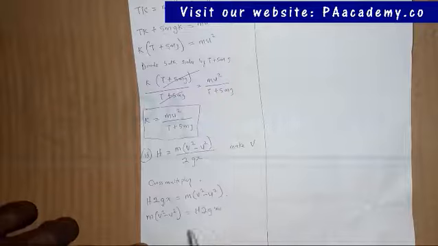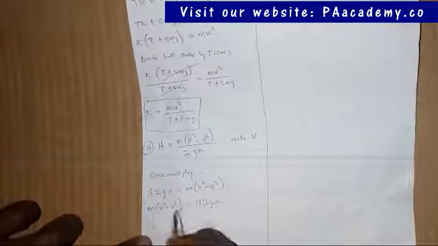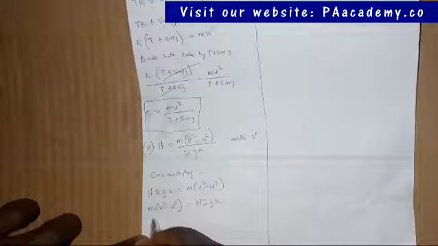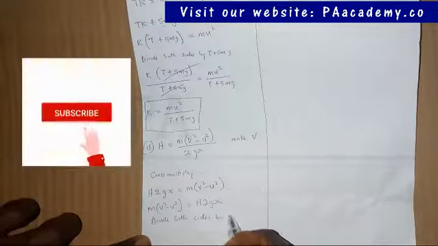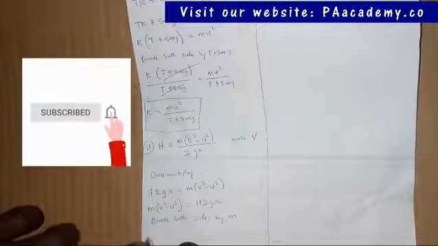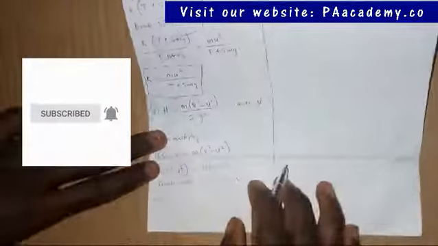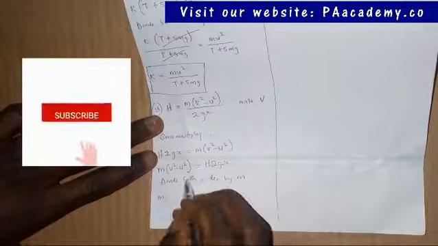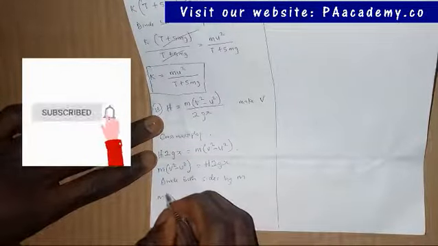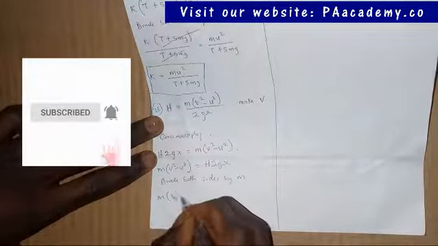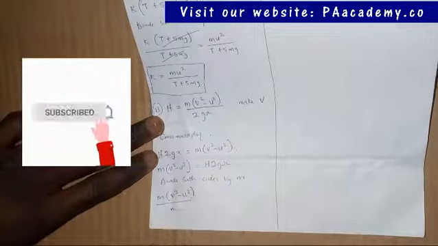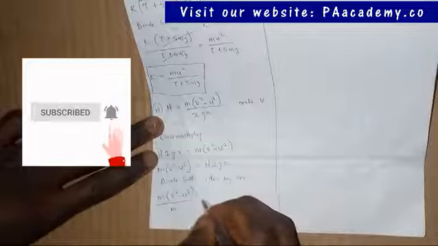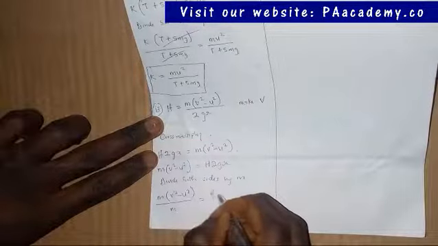So now at this stage, let's divide both sides by m. By the time we do that, we are going to be having m into bracket v square minus u square divided by m equals h2gx divided by m.